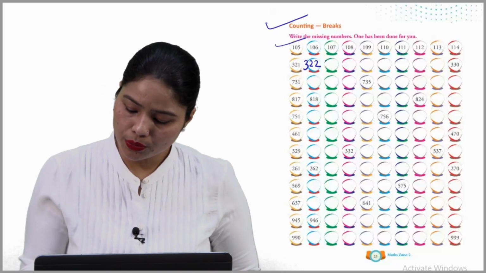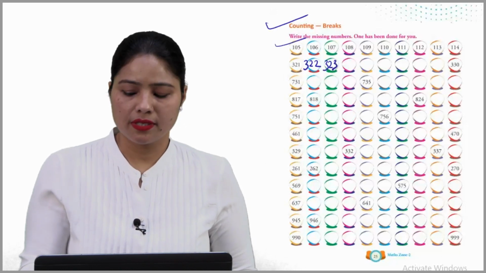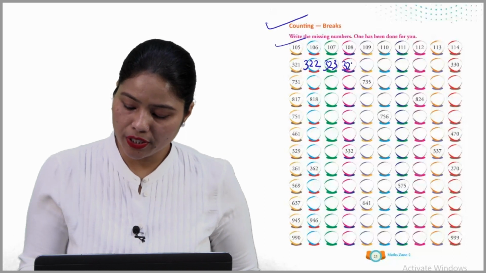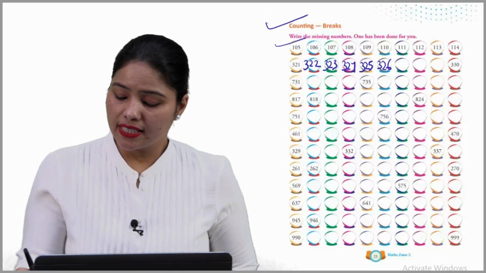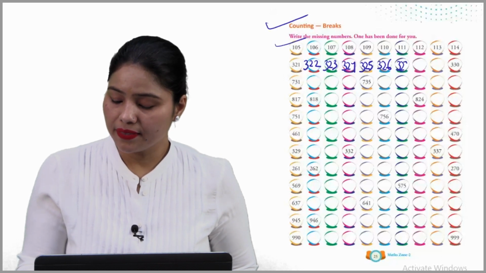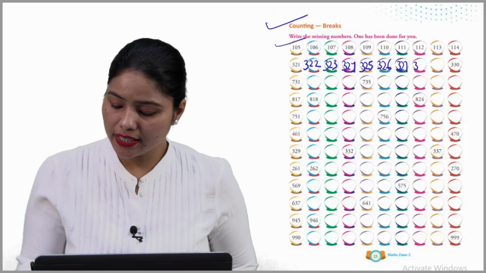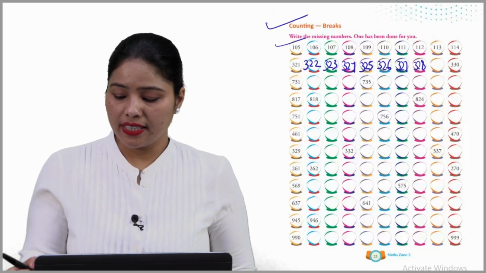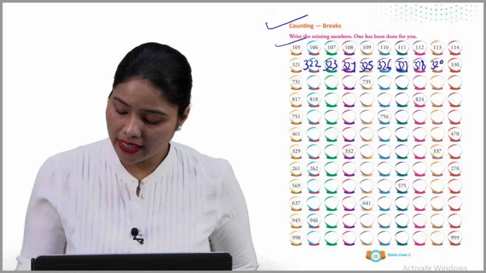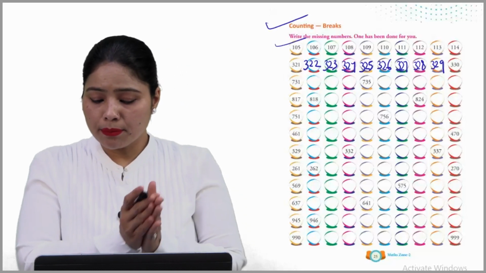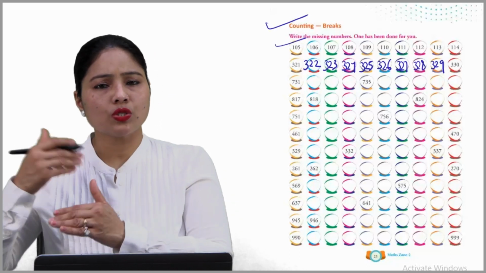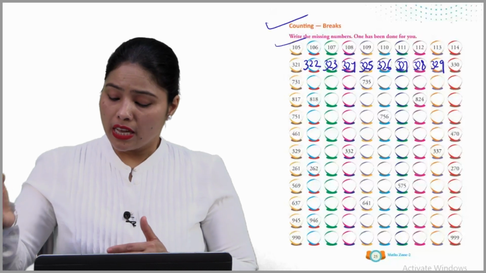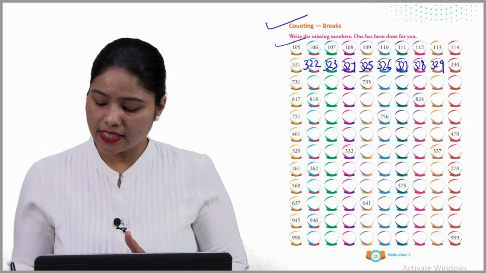After 322, 323 comes, after that 324, then 325, after this 326, then 327, after this 328 and after this 329 comes. Okay, so this is simple counting. Okay, so like this you have to start with 731, then go 732, 733 and like this you have to fill the other answers yourselves.